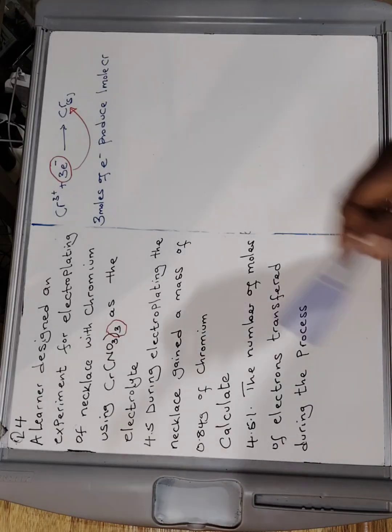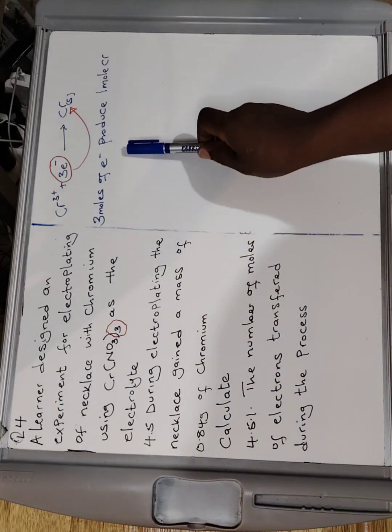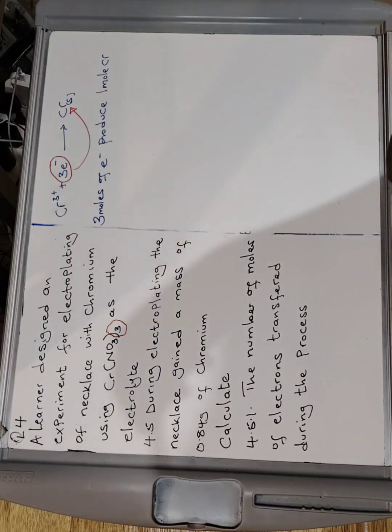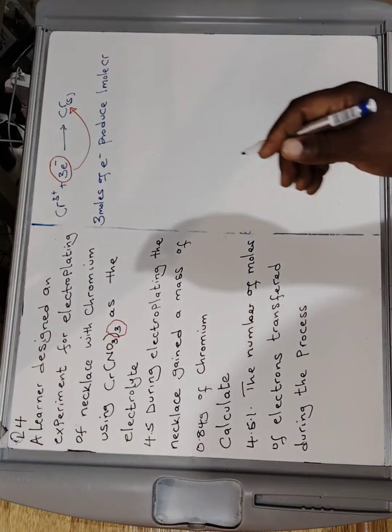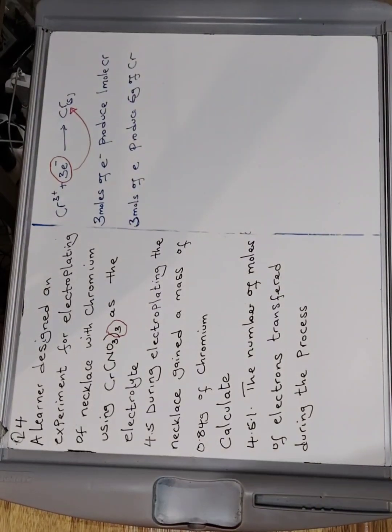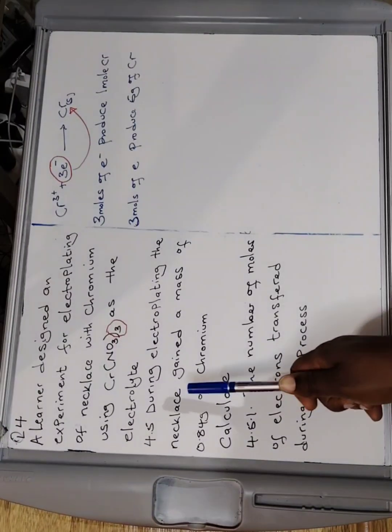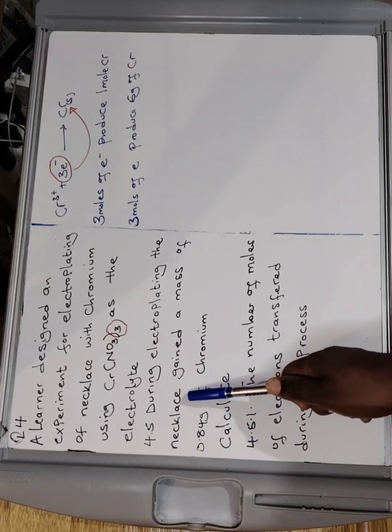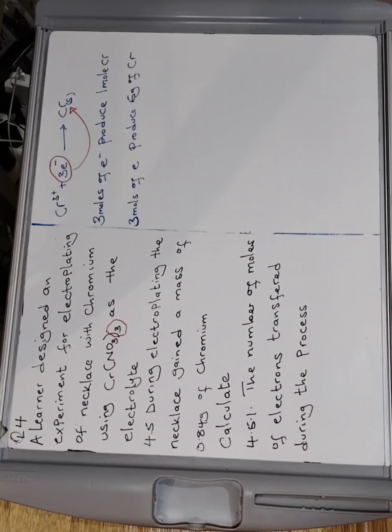So you can write this statement and say 3 moles of electrons produce the molar mass of chromium, which is 52 grams. Now we need to see, what do we know? We know the mass which was deposited on the necklace, and it is 0.84 grams.